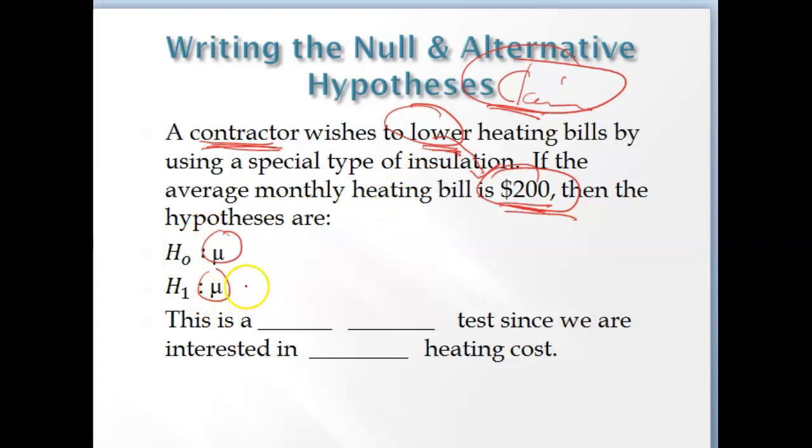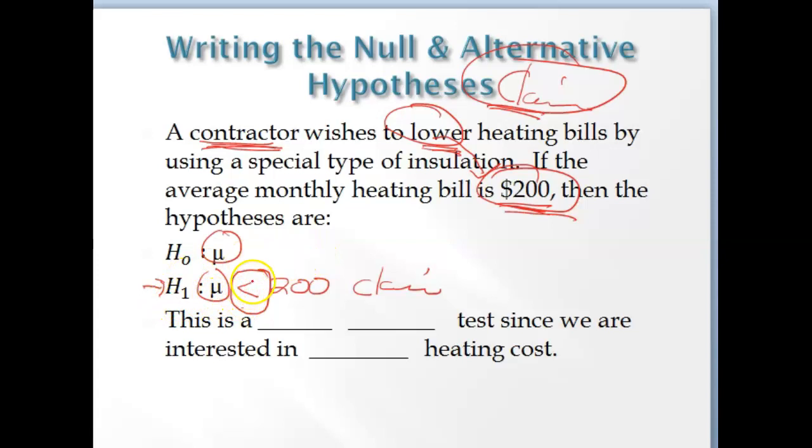So the claim here is that if I use this insulation, then my mean heating bill will be less than the average of 200. So this is my claim. And since it involves a statement of inequality, my claim is the alternate hypothesis.